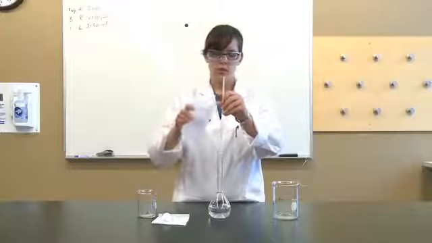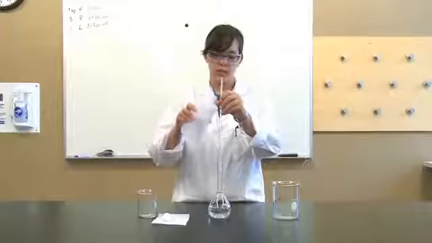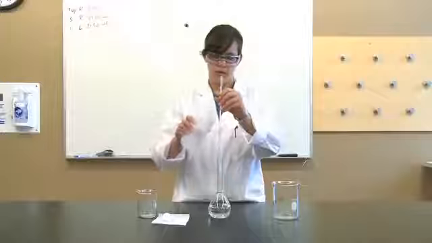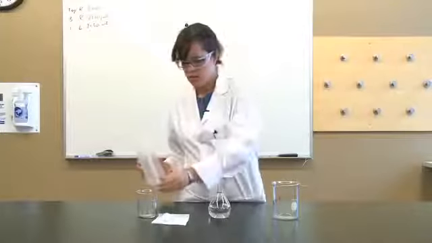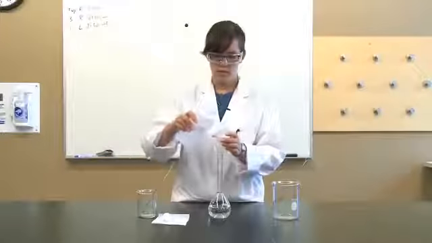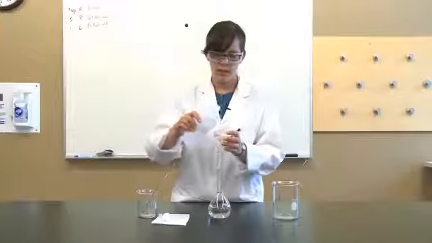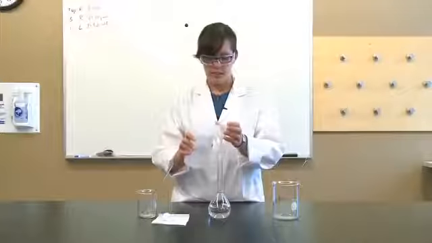Make sure not to remove your stirring rod before you've rinsed it, again to prevent the loss of your solute. And finally, make sure not only to rinse the inside of your funnel, but the stem.